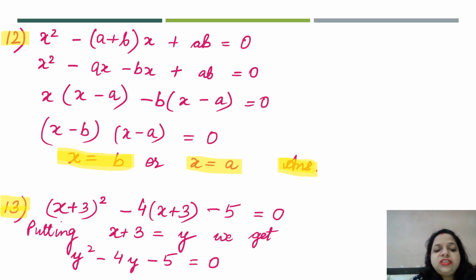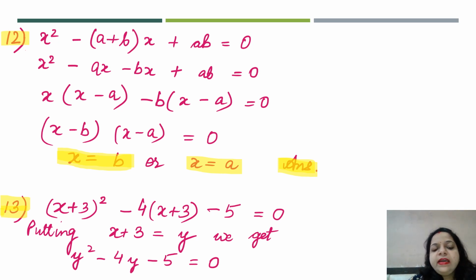Coming to the 13th question, children. (x plus 3) the whole square minus 4 into (x plus 3) minus 5 is equal to 0. Because expanding x plus 3 will give a bigger term, we can substitute. See, in both the terms we have x plus 3.